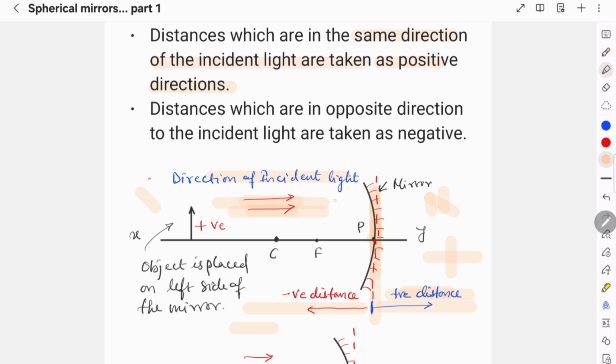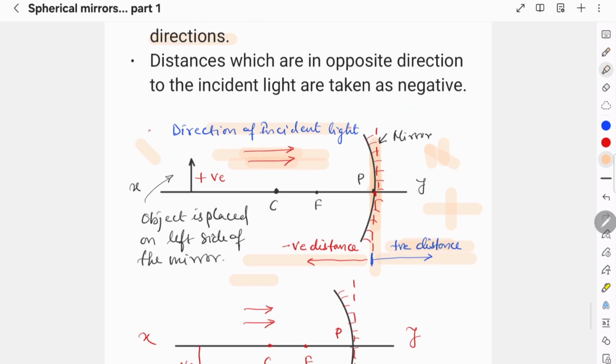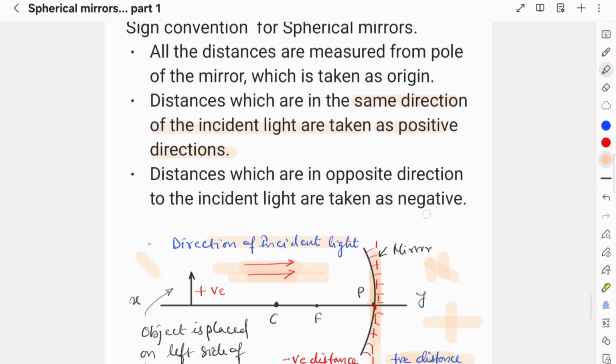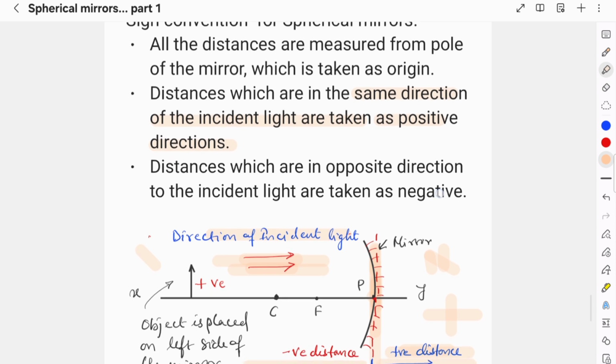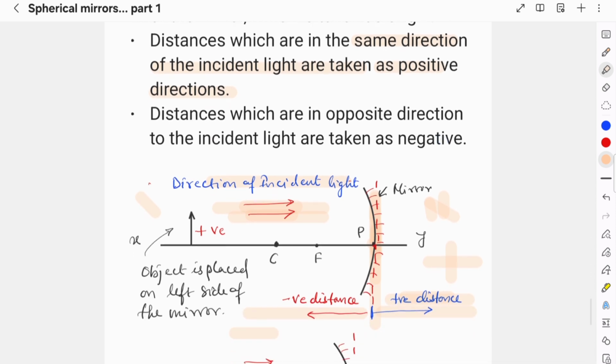So this is very important, and this is very much required when we are solving numericals. So we have to be very careful while choosing the directions. So all the directions which are in the same direction of the incident light are taken positive, and all the directions which are opposite to the direction of the incident light are taken as negative.